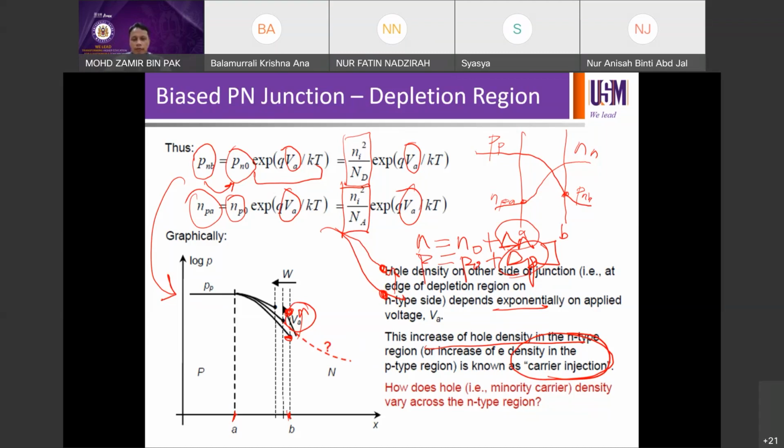So that's one thing. You want to know how much changes do you have across the depletion region. Okay, so that's one thing. But bear in mind that when you talk about PN junction or device, eventually we are talking about the whole piece of PN material, isn't it? So this is only in the central region, the depletion region or SCR.